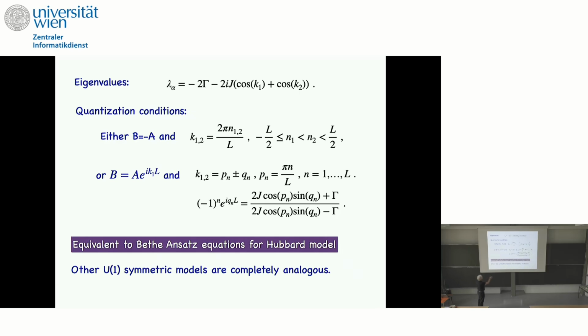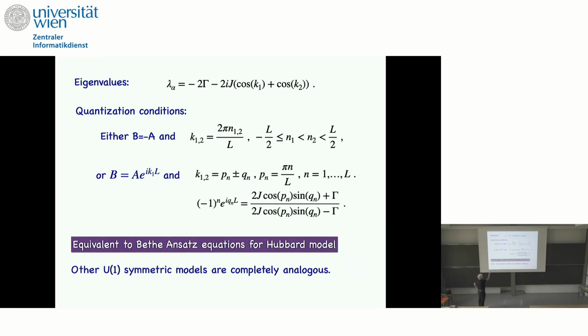There are two classes of solutions. Either the wave function is completely antisymmetric and the single particle momenta are free. What this corresponds to in the Hubbard model is basically you just start with two particle states in the sector with two up electrons which cannot interact, and then you use the spin SU(2) to flip one of them, so you get these.